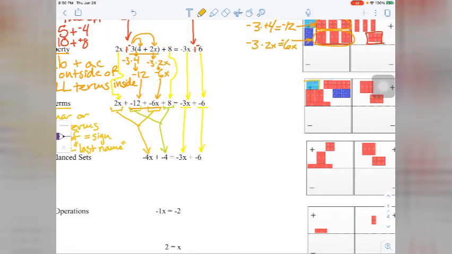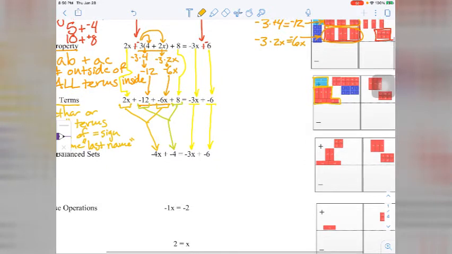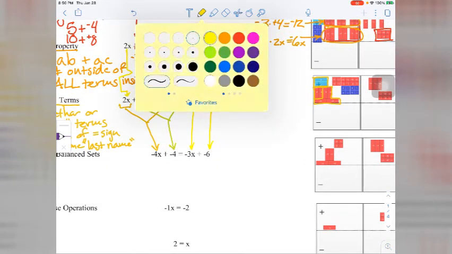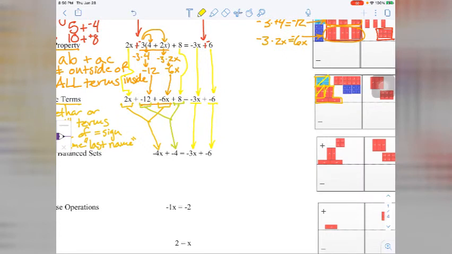Now, when I see the combining like terms in tiles, here's 2x right here, and then I see that there is -6x right here. And so what I do is that 2 of the x's are going to cancel out 2 of the negative x's. And then what I have left is the -4x there.